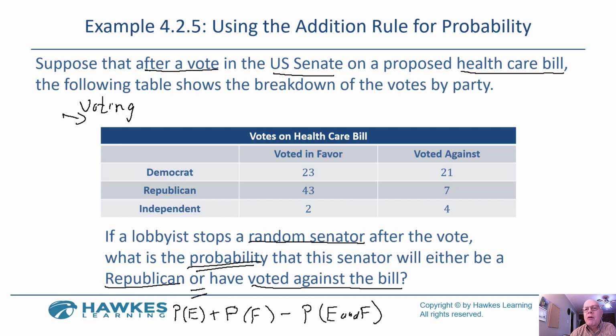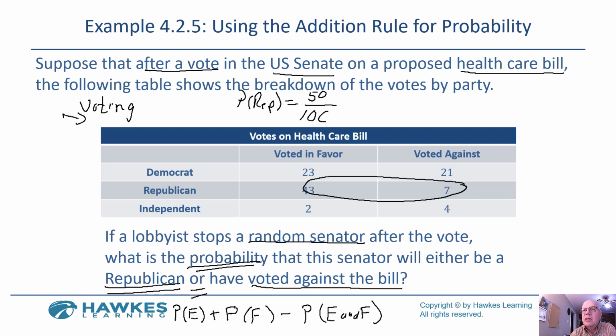First of all, we need the probability of E, which in this case is that they're Republican. The probability of this random senator being a Republican is, let's look, we've got 50 Republicans. And how many senators do we have? We have 100 senators in the Senate.